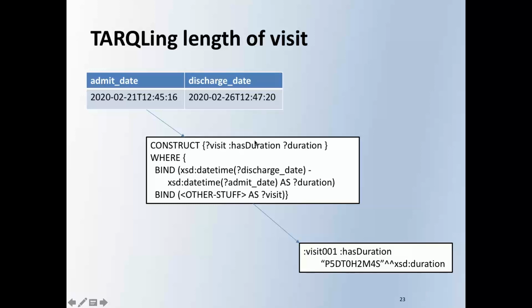Construct the triple that a visit has a duration with this duration, where the duration is the discharge date as a datetime minus the admit date as a datetime. And this totally works in TARQL, even though it won't work in Allegrograph, to give you these has-duration triples like this.